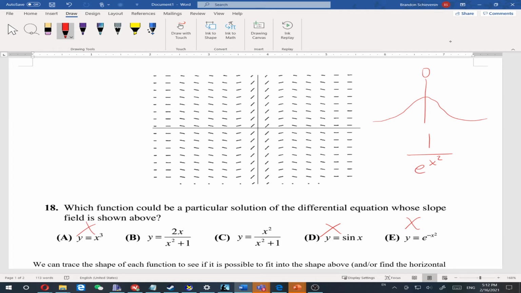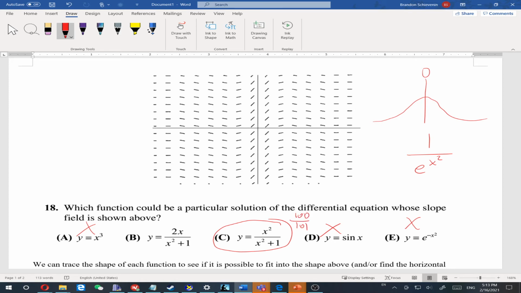For C, what's the rough shape that the graph would look like? An increasing exponential function. What happens if I plug in 10? 100 over 101.